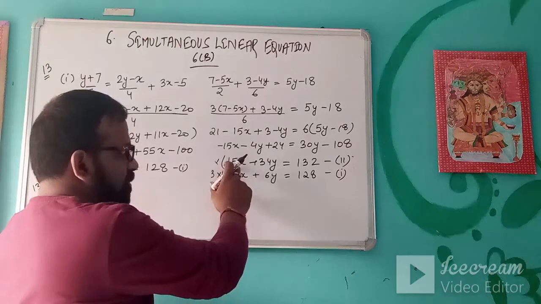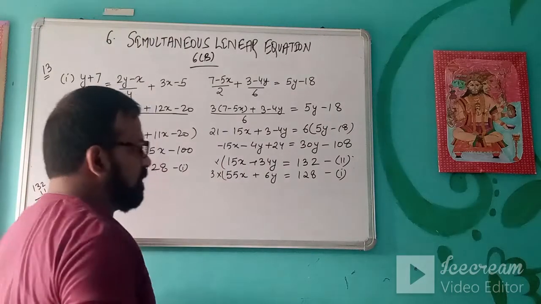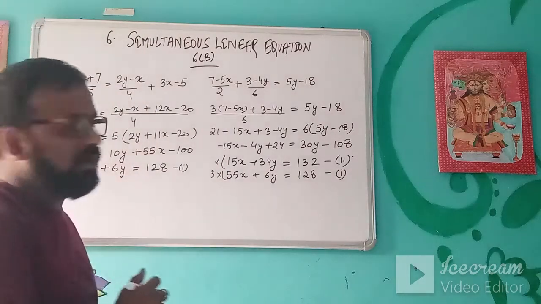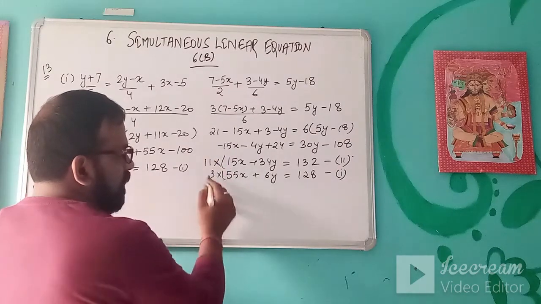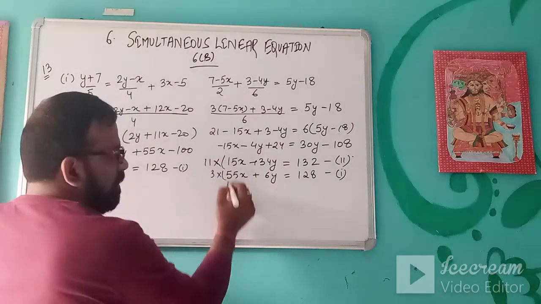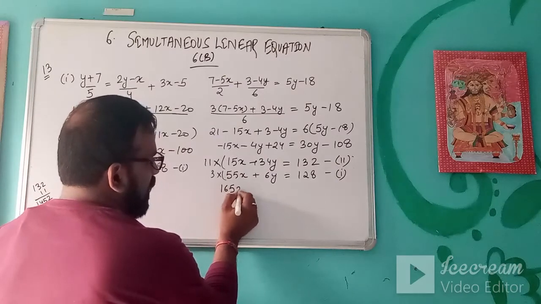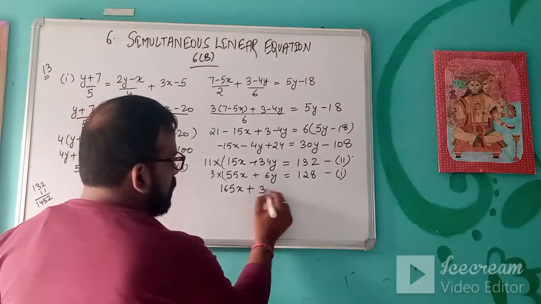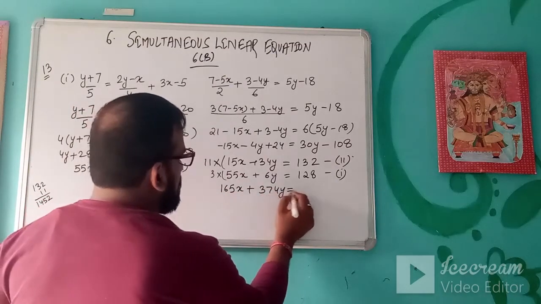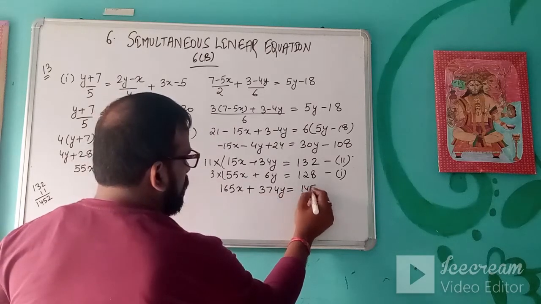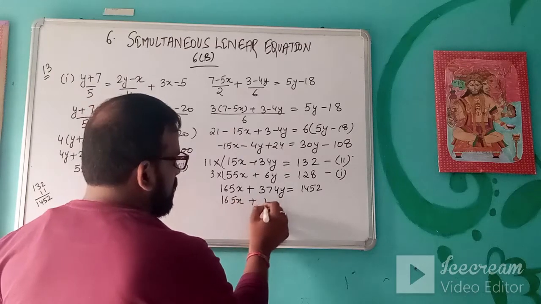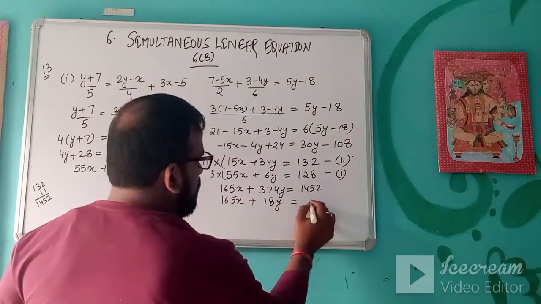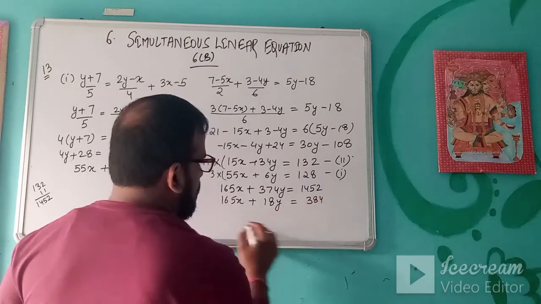The LCM of 15 and 55 will be 165. So I will multiply this equation by 11 and this equation by 3. So it becomes 165x plus 374y equals 1452, and 165x plus 18y equals 384.